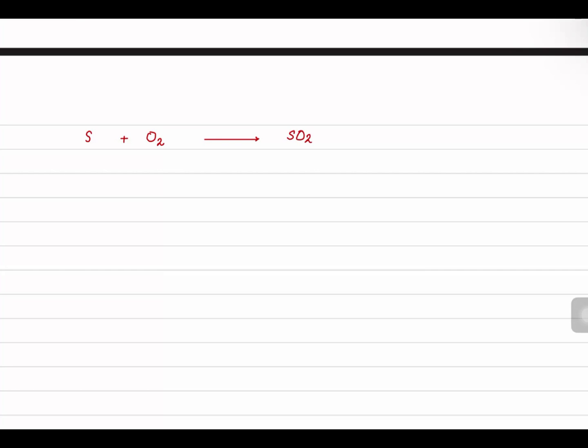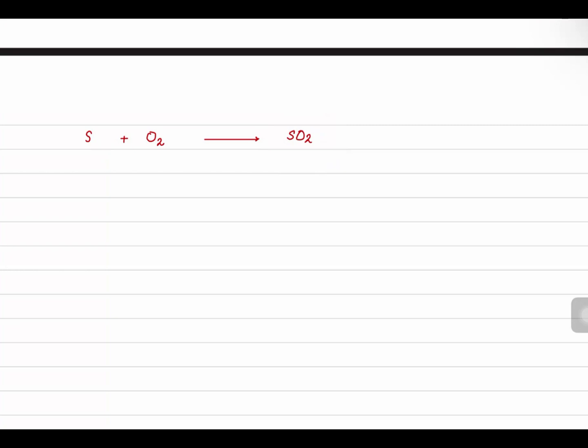If you can see over here, this is single sulfur, and over here sulfur is combined with oxygen. As I told you, the definition of oxidation is the addition of oxygen.